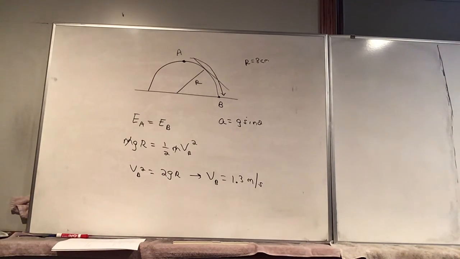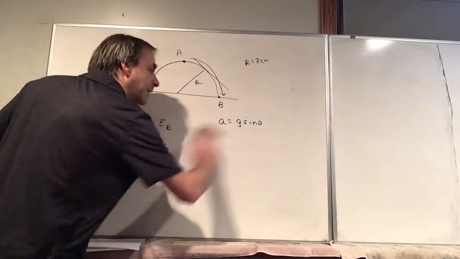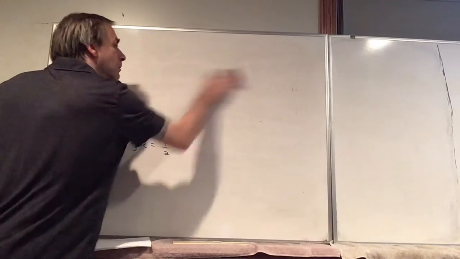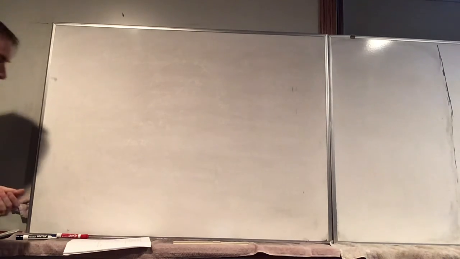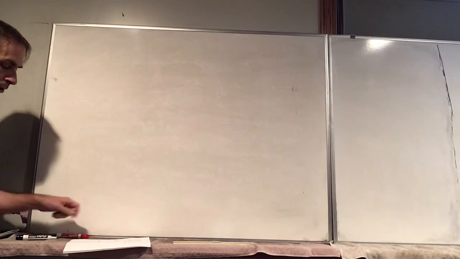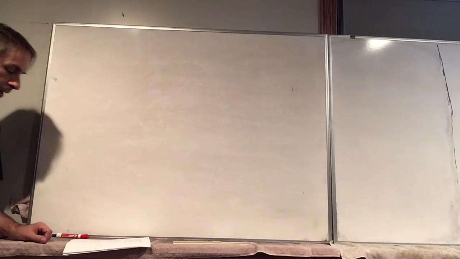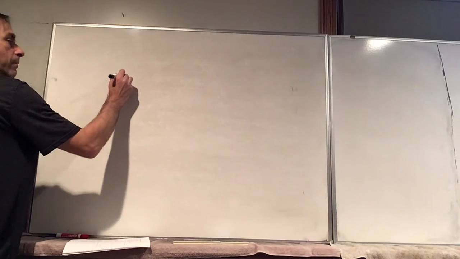Okay, so one more problem. So we've got a helicopter. We're given its mass. It's cruising at a speed of 56.9 meters per second at an altitude of 185 meters. What's the total mechanical energy?